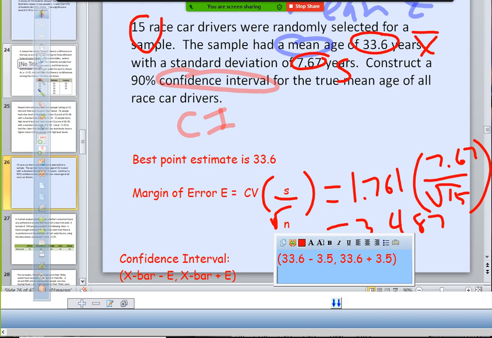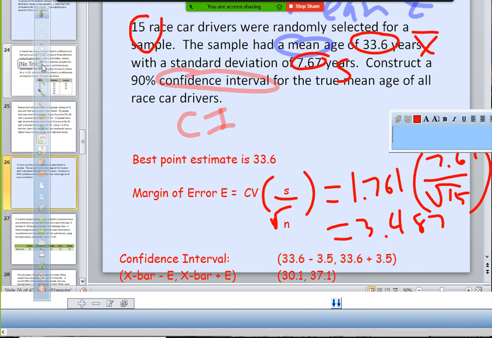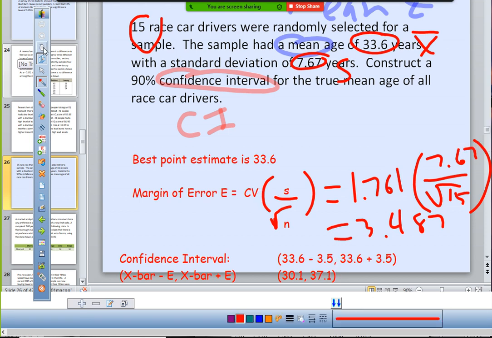And there we go. I know it's been a while since we've done those, so I thought it might be worthwhile to take a look at one real quick. So don't forget, margin of error is E. They're the same thing.